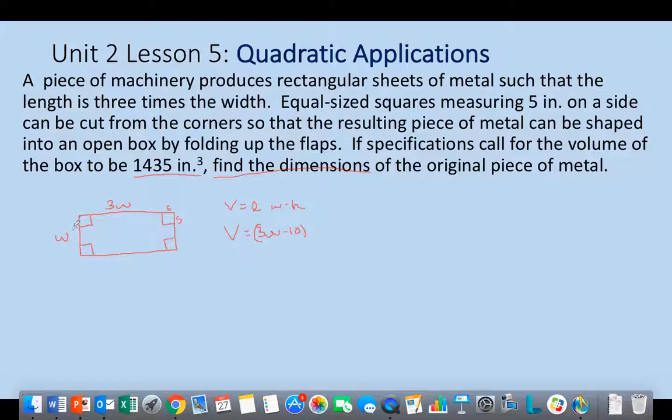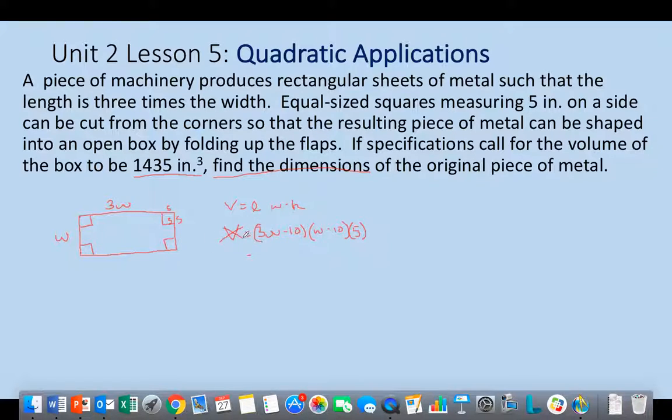The width will be w, but again I'm cutting out 5 and then 5, so w minus 10. And the height: if I'm cutting out 5, that means when I'm folding up, this part right here would be the height, and that's also 5. So I'm going to be multiplying through by 5. Length times width times height. Now I also know that my volume has got to be 1,435.